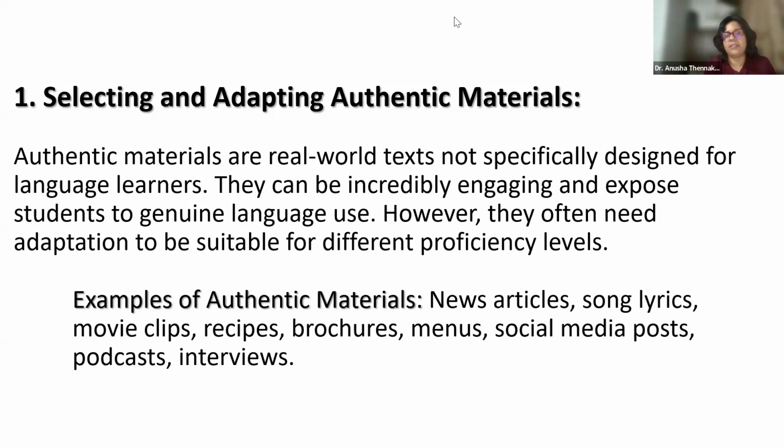Okay, here you can see some examples of authentic materials: news articles, song lyrics, movie clips, recipes, brochures, menus, social media posts, podcasts, interviews. So there are many more things coming under authentic material.